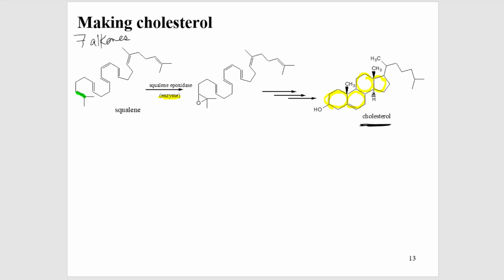So that squalene epoxidase enzyme has a shape and a very complex pocket. This molecule squalene fits in there, and then the epoxidation occurs, and because of how it's situated within this beautiful enzyme, you only epoxidize one of those alkenes very specifically. So this is a very chemoselective epoxidation because you have lots of alkenes to epoxidize, but only one of them reacts. So you can see that right here.